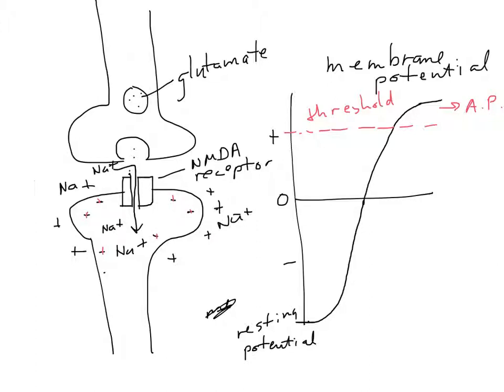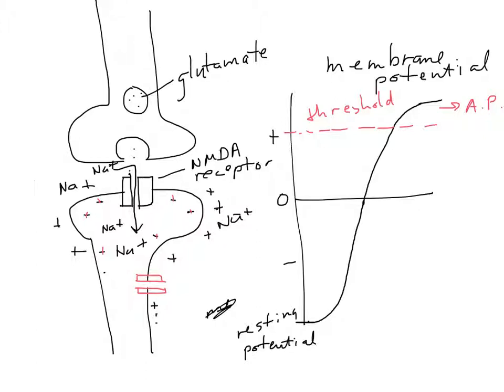What ends up happening then is the positive charges are going to activate other sodium channels that are still kind of negative on this part because it's not quite reached it yet.